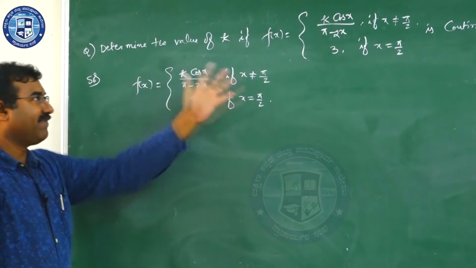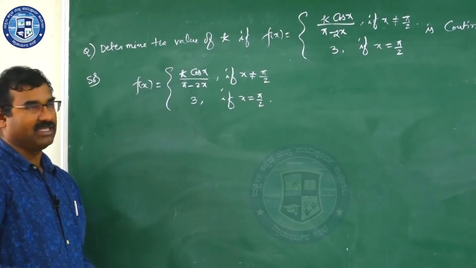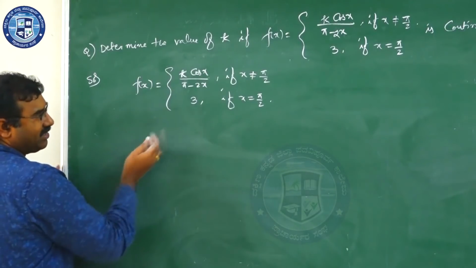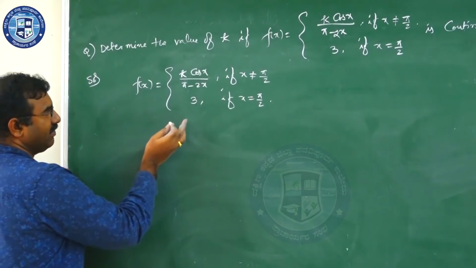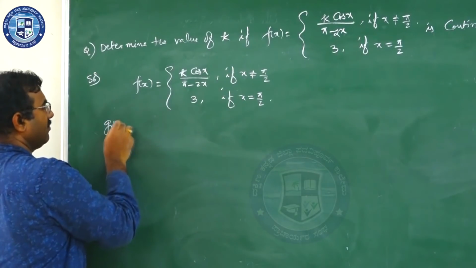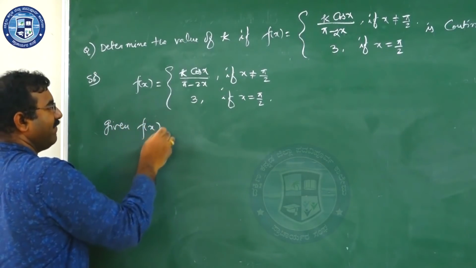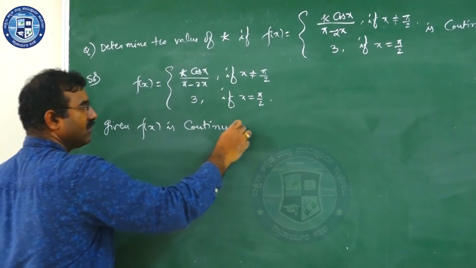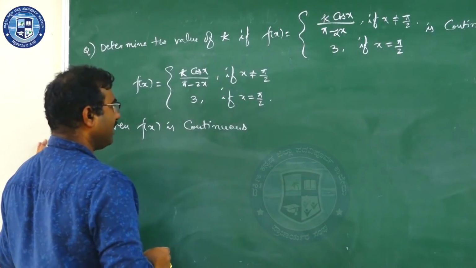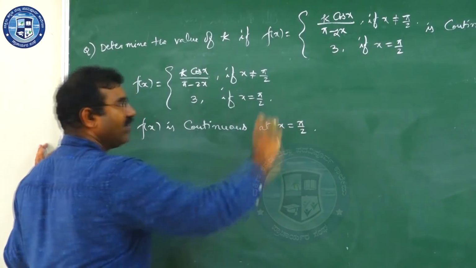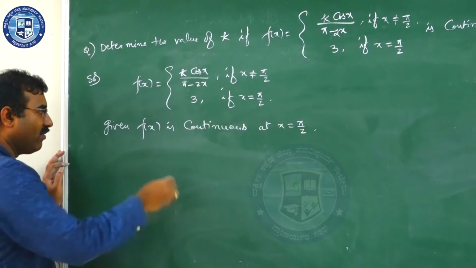Now if f is continuous at x equal to pi by 2, then we need to find the k value. Given f(x) is continuous at x equal to pi by 2, then what can we write?